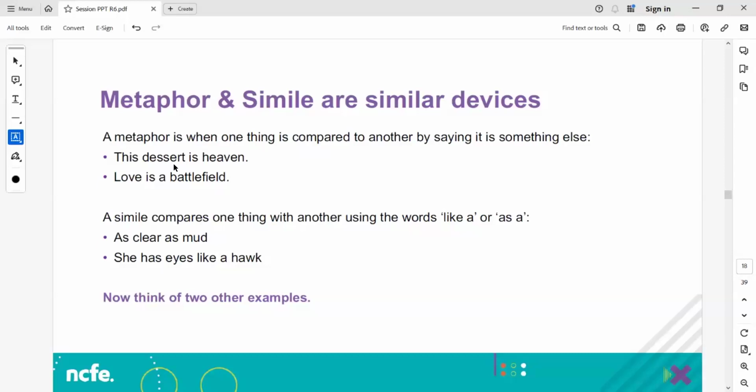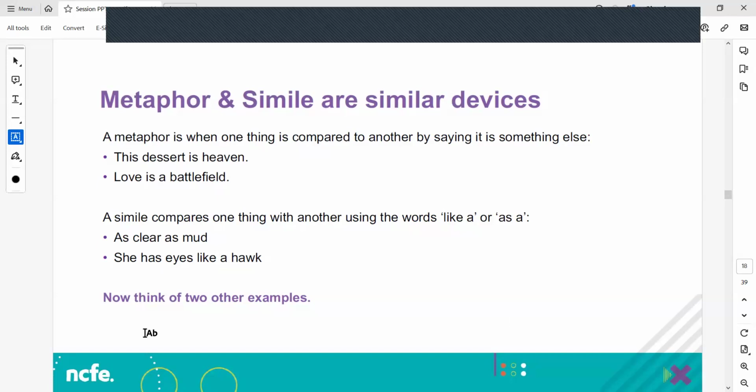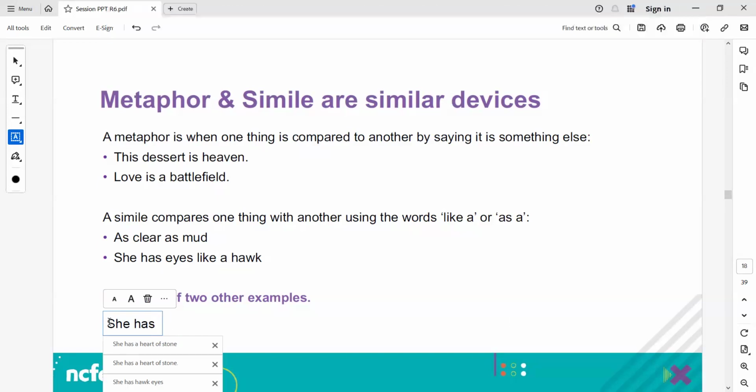Okay, so if we take the example, which was a nice visual example of mermaid hair. So she has mermaid hair. Is that a metaphor or a simile?